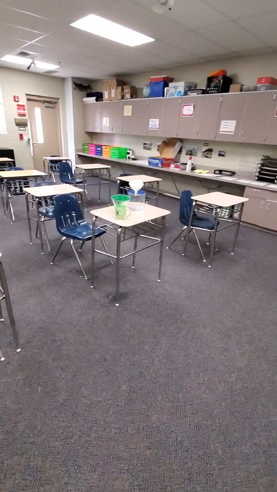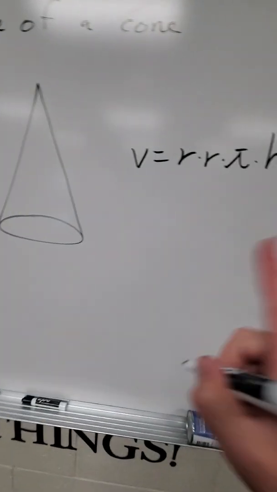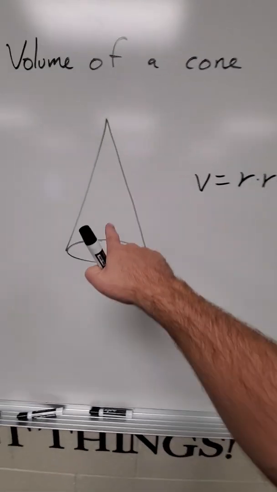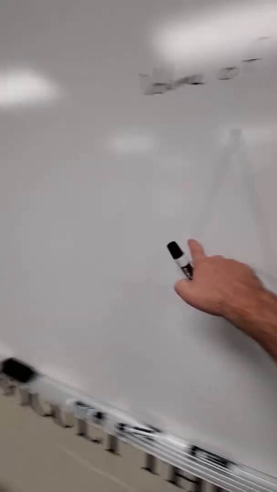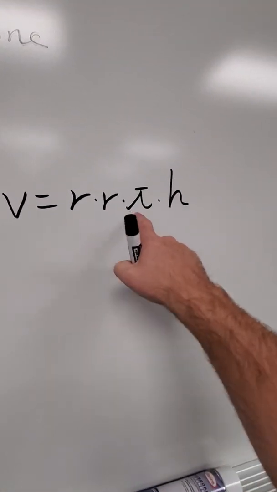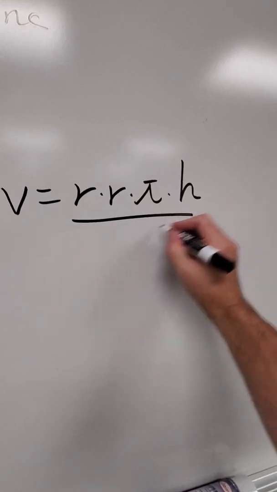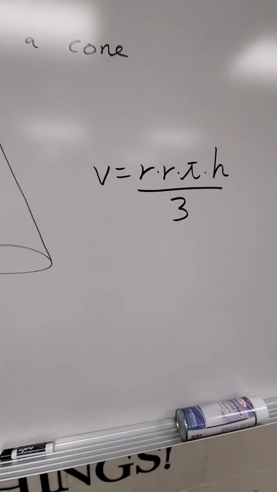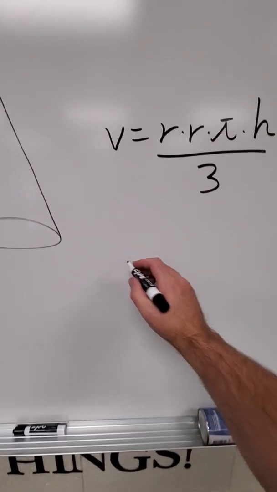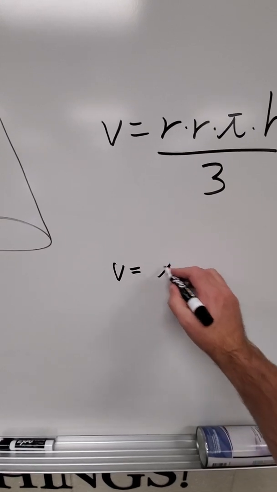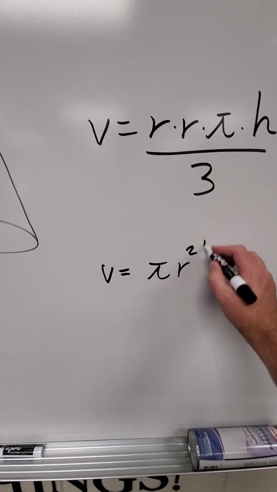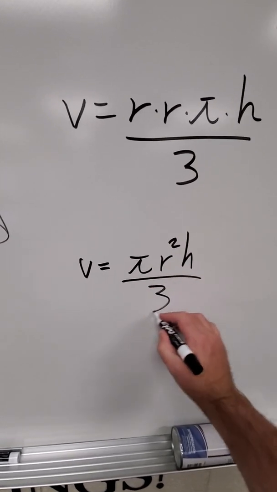There was 1, 2, 3 of them. So that means it is 1/3 the volume of the cylinder. So therefore, it is pi times radius squared times height divided by 3. The official way, if you look it up, is volume equals pi r squared times height divided by 3.